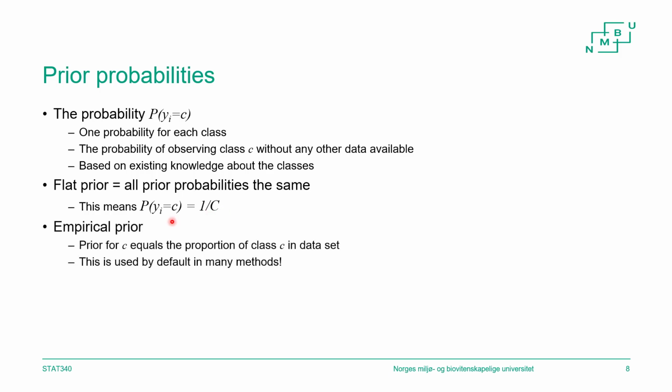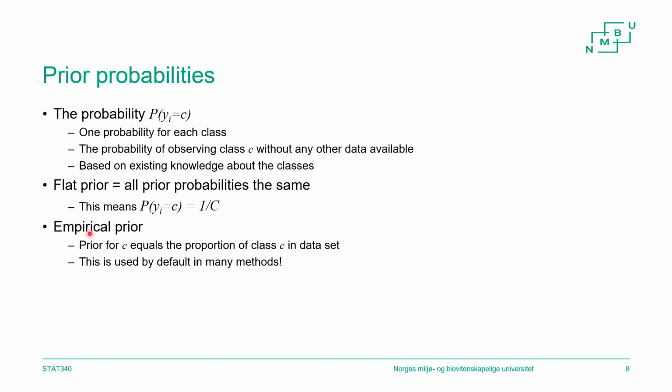What you should be aware of is that many data analysis methods will use what we call the empirical prior. Because once you have a data set where the responses are assigned to the various classes, then you will have a proportion of each class in that particular data set.